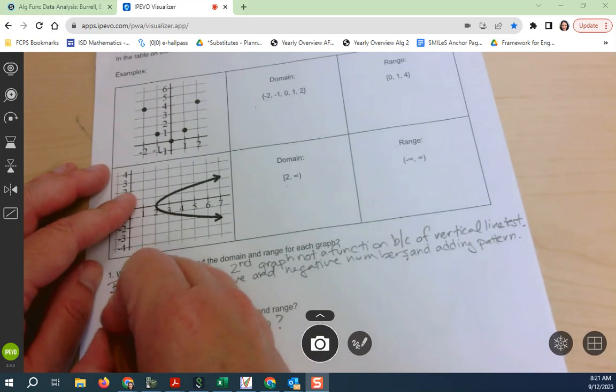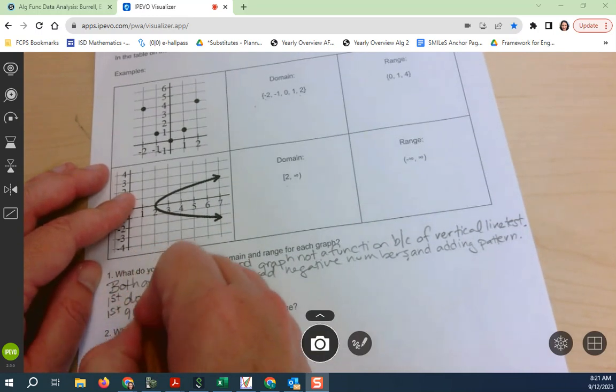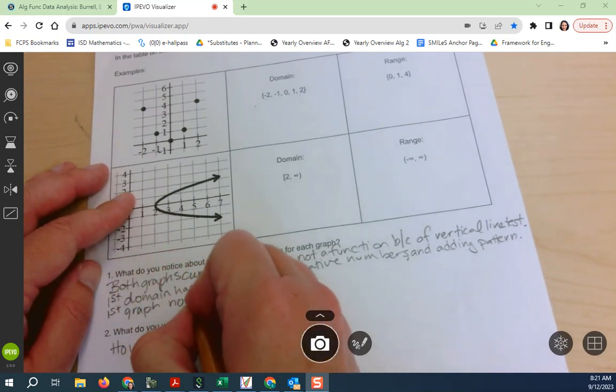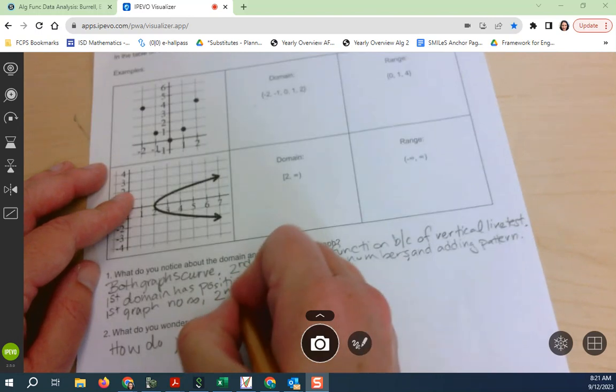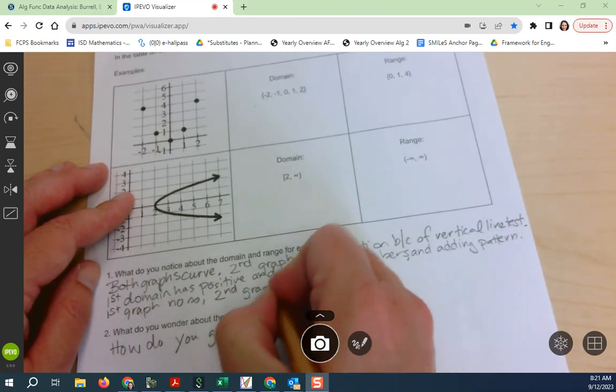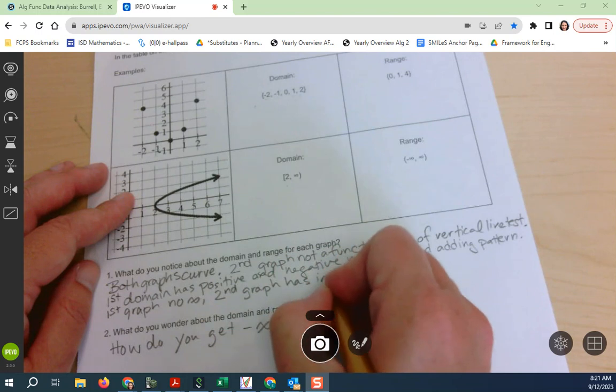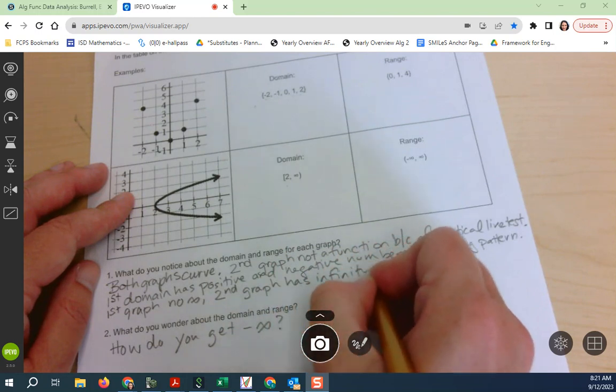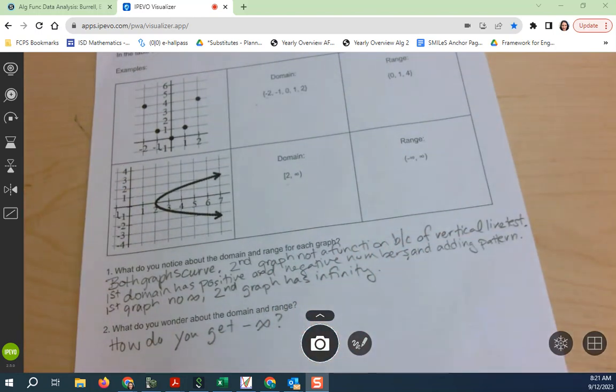So first graph, no infinity. Second graph has infinity. Nice. All right, Brandon, Sam, what's something that you notice or wonder? The same thing about the infinities? Yeah, that was a really interesting one.